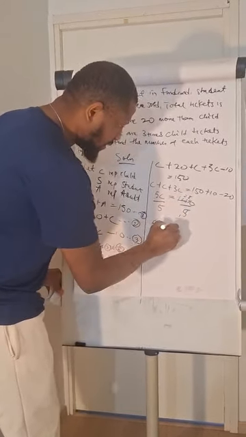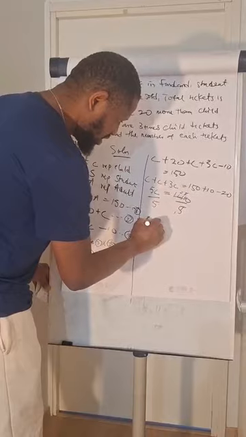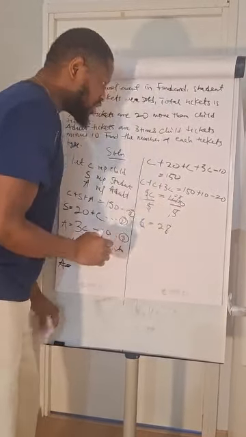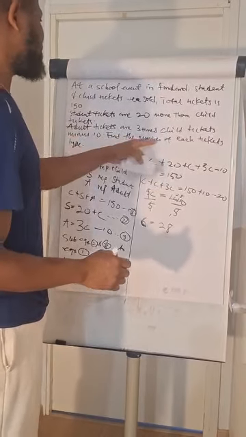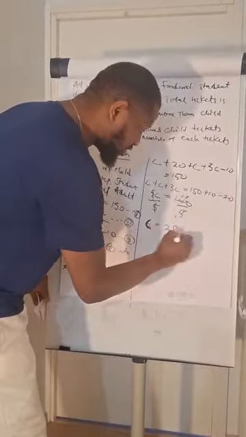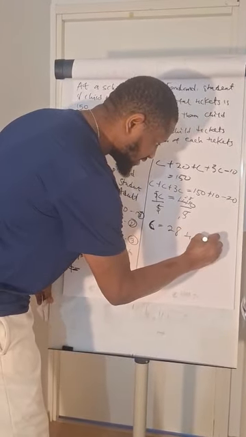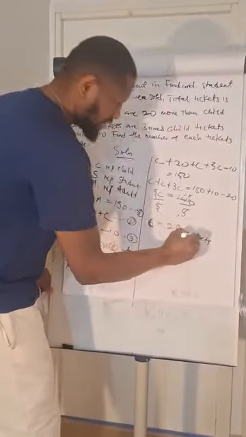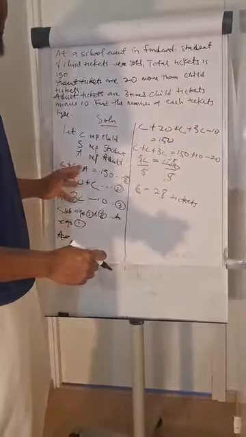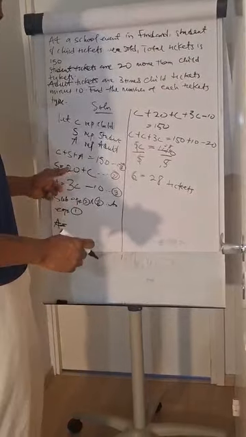So C is 28. So the number of tickets for child is 28 tickets.